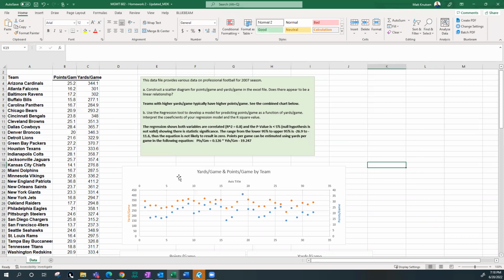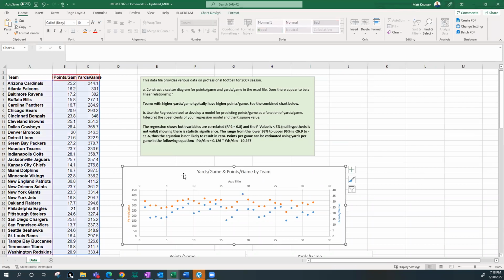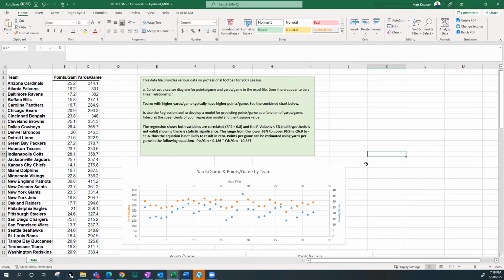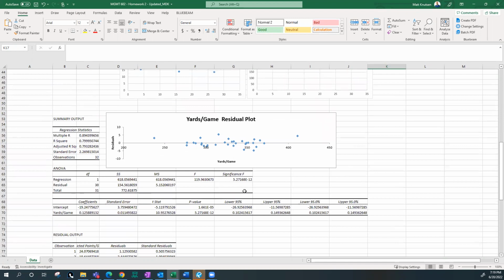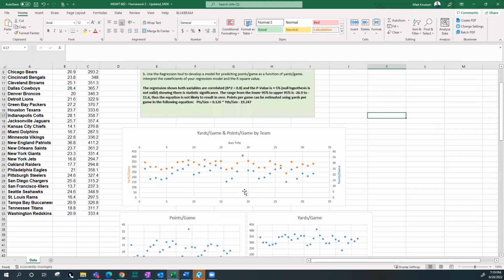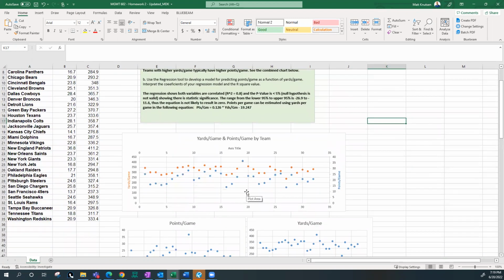I think not. I played around with the trend lines and they didn't look very good. So I did it a little differently. I had the yards per game on the x-axis as our independent variable, and the points per game on the y-axis as the y variable, and then plotted that as a scatter plot and drew a trend line through it.